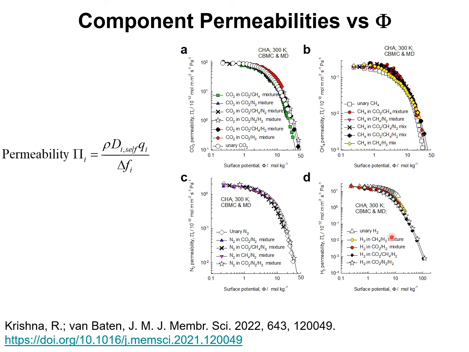But as a good approximation, we can predict the permeability of hydrogen in a mixture using data on the unary permeabilities. The key is to make the comparison on the basis of the surface potential that can be calculated from the ideal adsorbed solution theory.